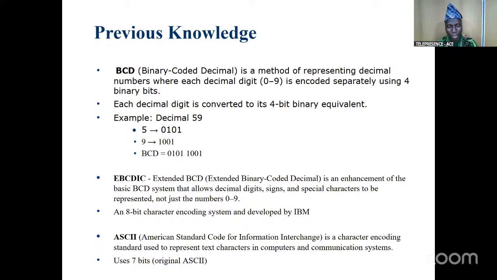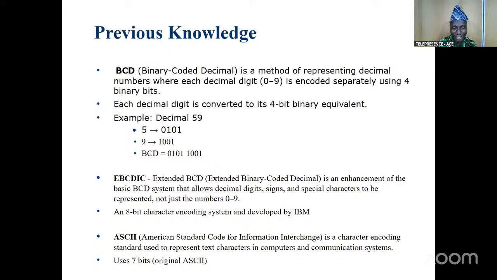That is a nibble. For example, if we are to convert 59 in decimal to binary, we encode it using 4 bits. We convert the 5 directly to binary, as you can see on the board, where we have 5 converted to 0, 1, 0, 1.